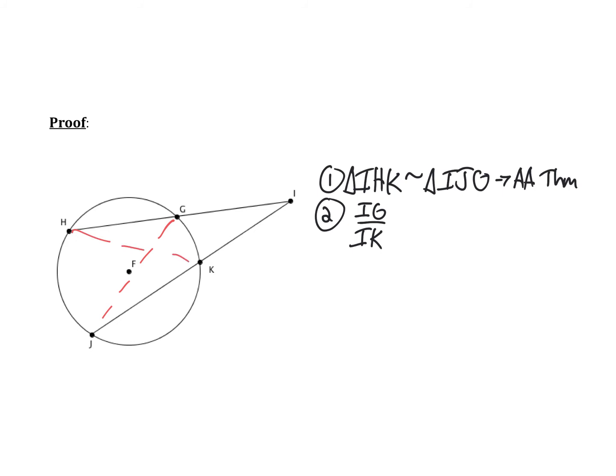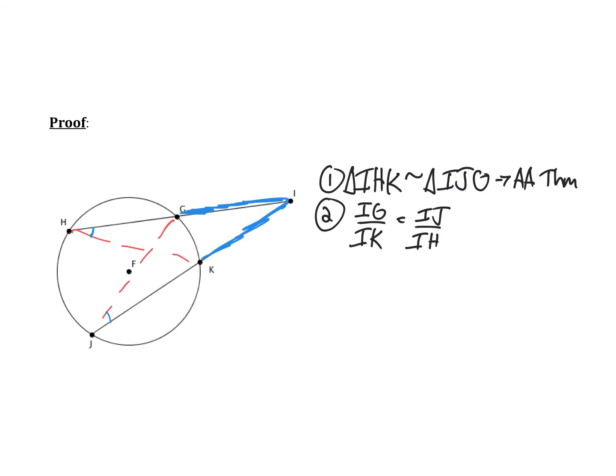Okay, IG being the side opposite this one dash, and IK being the side opposite the one dash in this triangle, is going to be equal to IJ over IH, two more corresponding sides.